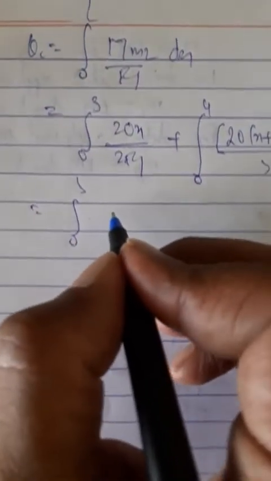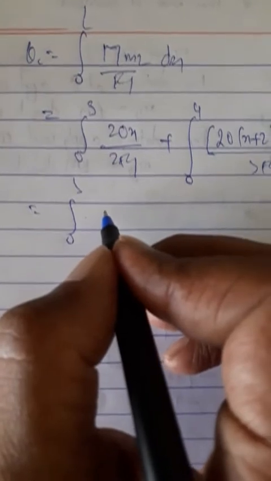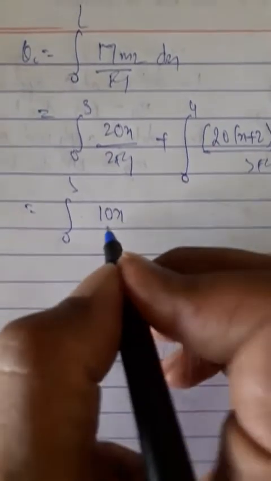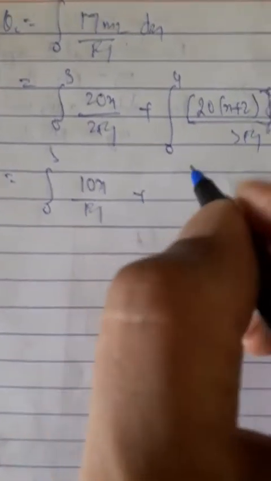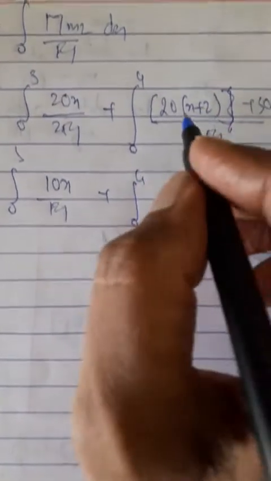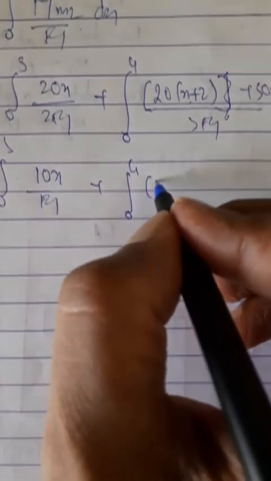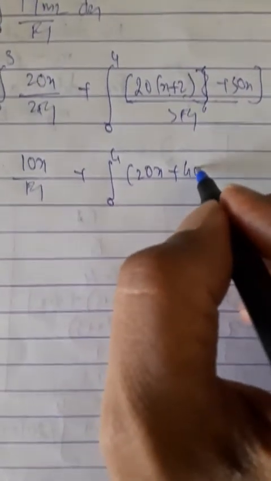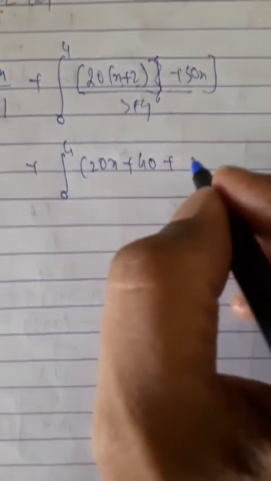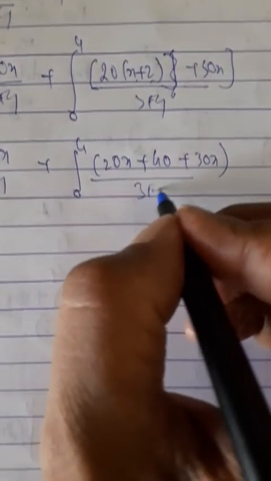So I am going to simplify these terms. 0 to 3, 20x by 2EI, so 10x by EI, plus integration of 0 to 4, 20x plus 20 into 2, 40, plus 30x, divided by 3EI dx.